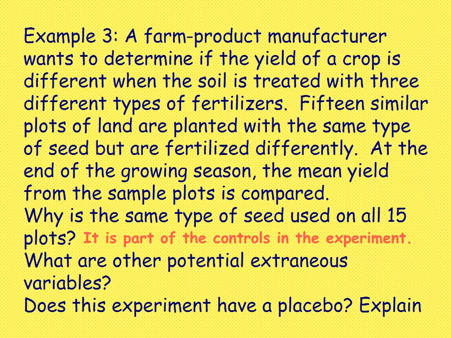We want to control as many variables as we possibly can, so that's why we want to use the same type of seed, because otherwise it could be based on the seed and not based on the fertilizer. Other potential extraneous variables: types of soil, amount of water, terrain. There are all different things that you have to think about that can affect the outcome of the experiment.